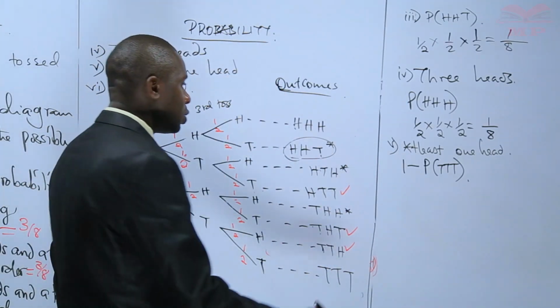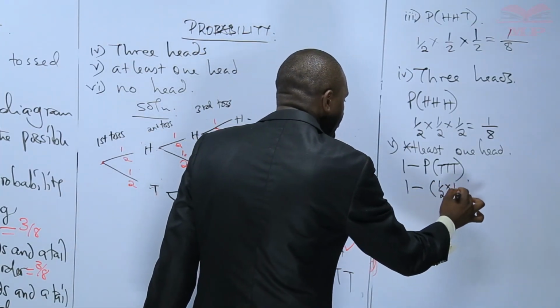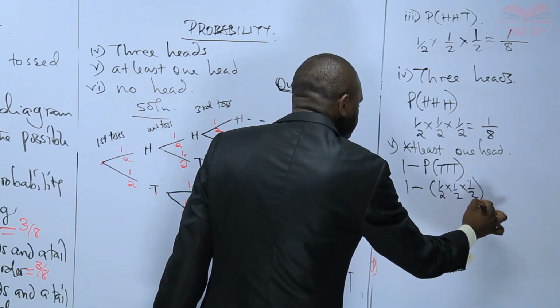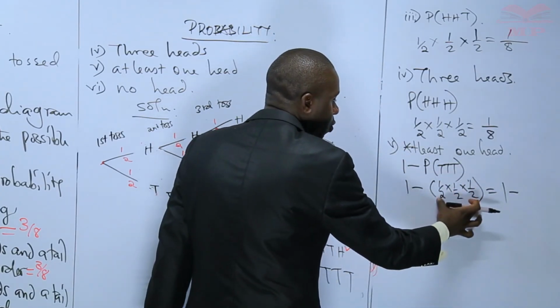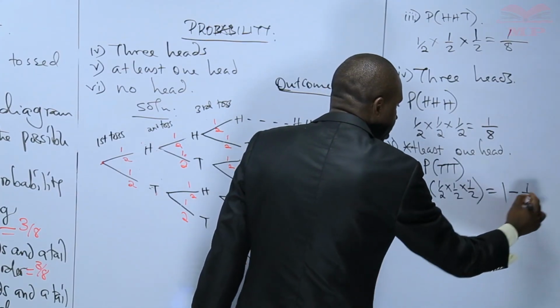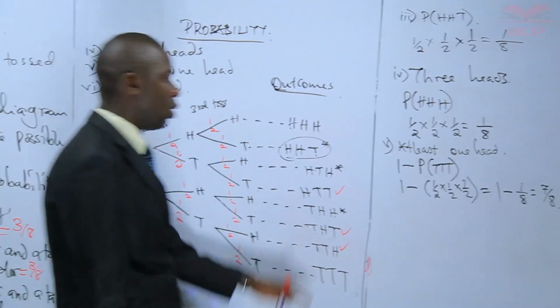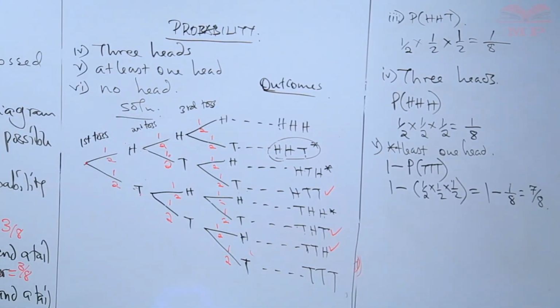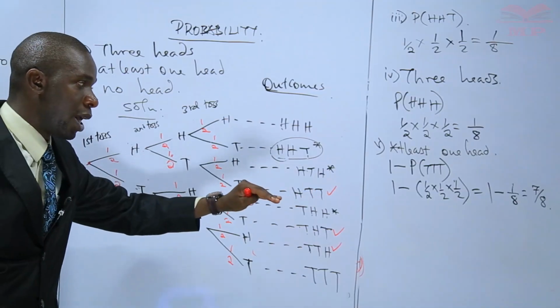So this will be 1 minus tail is a half times another half times another half. So this will be 1 minus, when we work out a half times a half times a half, is actually 1 out of 8. Giving us what we call 7 out of 8. So that is how we can work on at least one head.